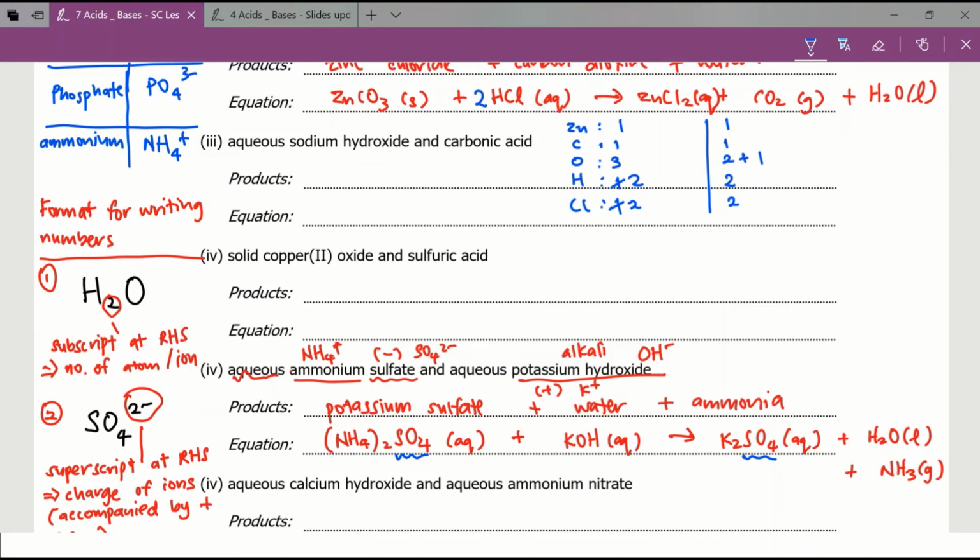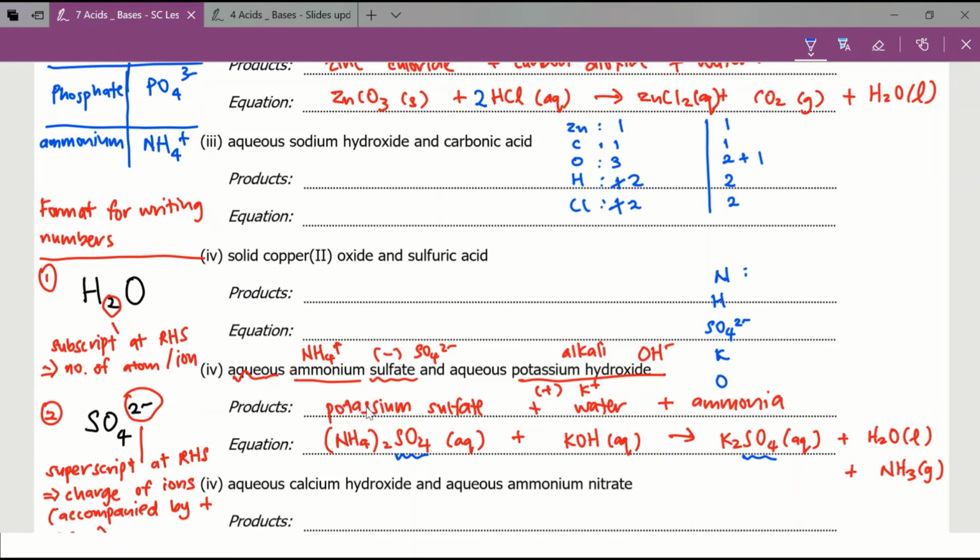Okay, then let us write down the elements that are present on both sides of the equation. So on the left, I have nitrogen, hydrogen, then I have sulfate ion, I have potassium, and then oxygen.